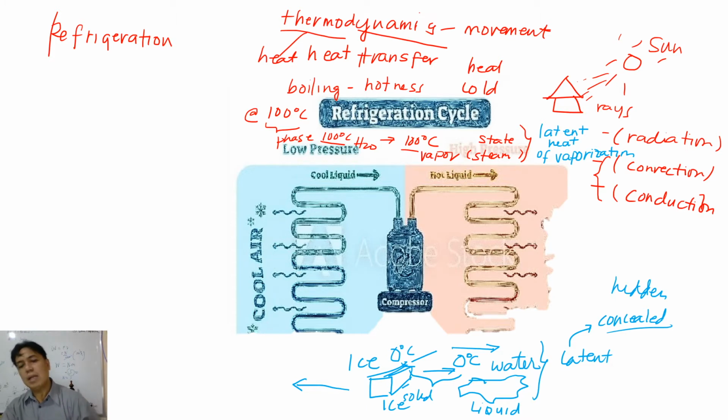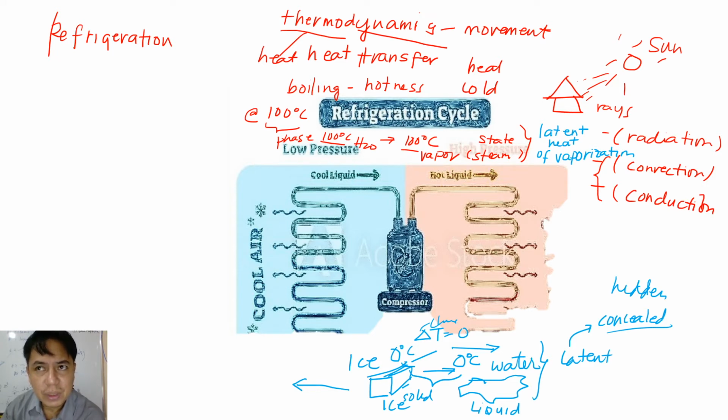Wala, kasi delta T is zero. Heat transfer will only happen if there's a change, a delta change in temperature. But since it is 0 degrees centigrade ice and 0 degrees water, there's no change. So you cannot measure the heat.